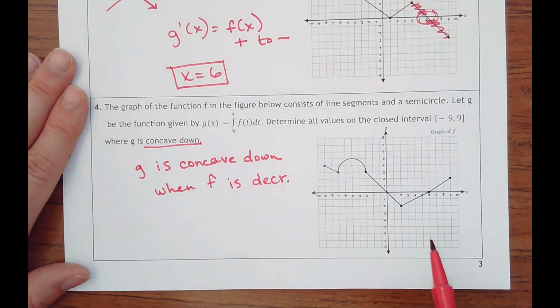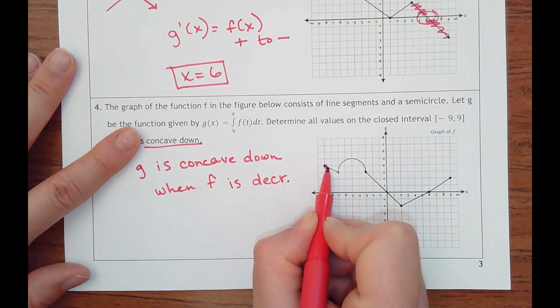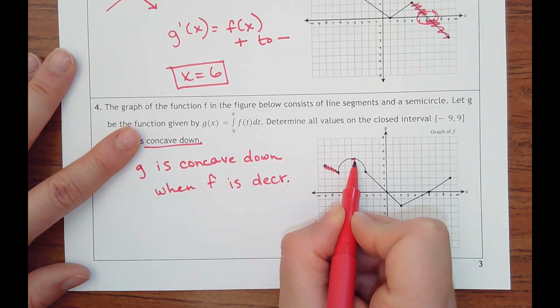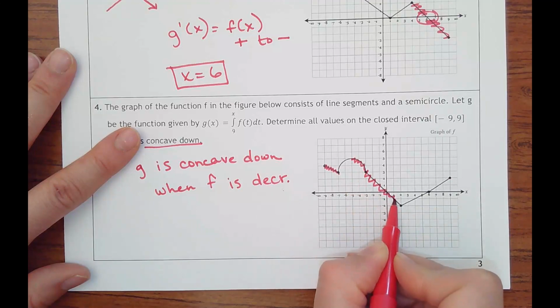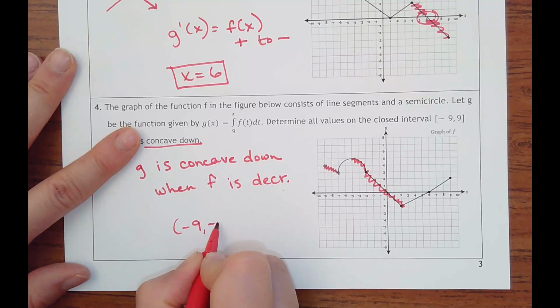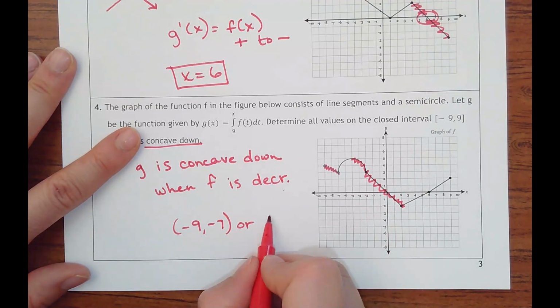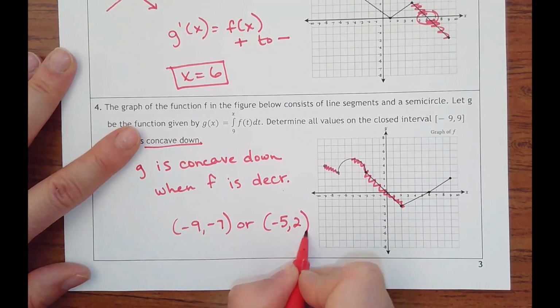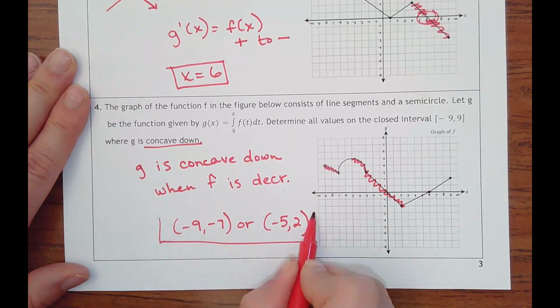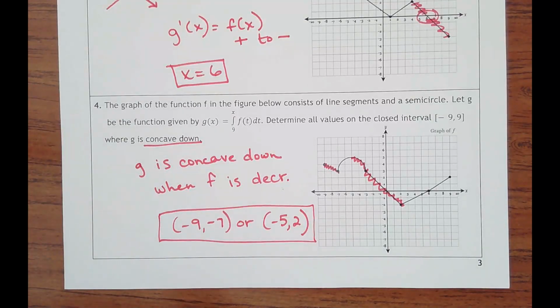So it's like the slope of the slope is negative. So it's decreasing here and all of this. And that would be it. So from -9 to -7, or from -5 to 2. Okay, so again, you got to think about concavity is the slope of this slope, so it's where it's decreasing.